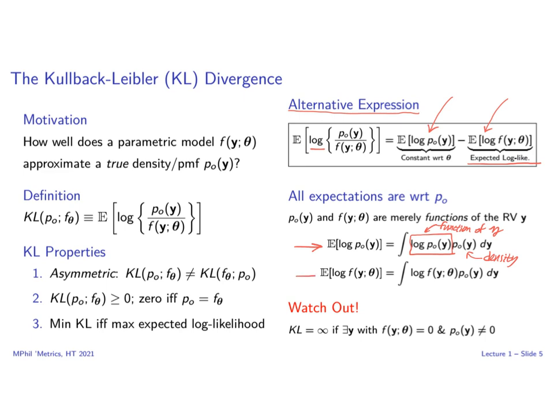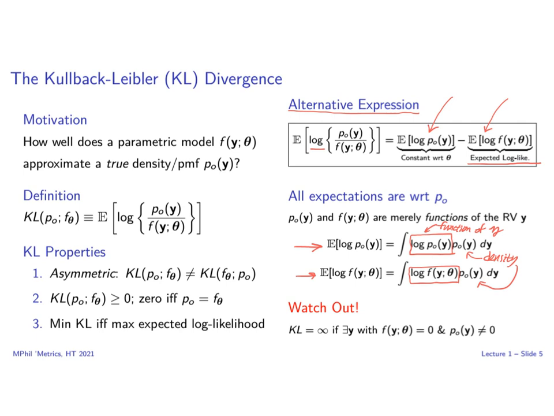So the expectation of the log of f of y is defined as the integral of the log of f of y multiplied by p naught of y. So each of these expectations is an expectation of a function of y where we use the true distribution of y to calculate the expectation. If at any stage you get confused, you can always write these expectations as integrals. Just remember that we are integrating against the true distribution, not our model.